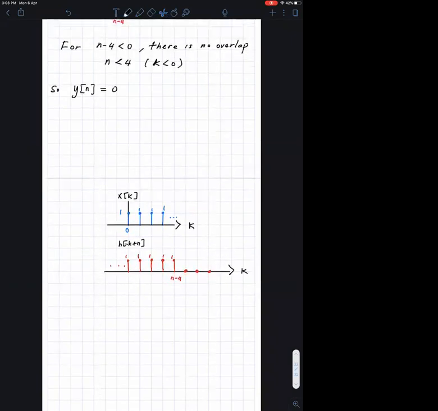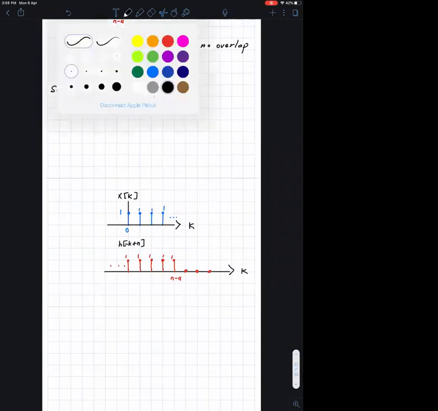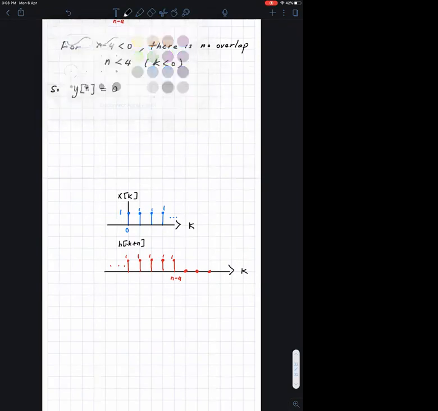Now the time domain we are looking at is n minus 4 greater than 0, which is equivalent to saying that n is greater than 4, which is equivalent to saying that k is greater than 0.